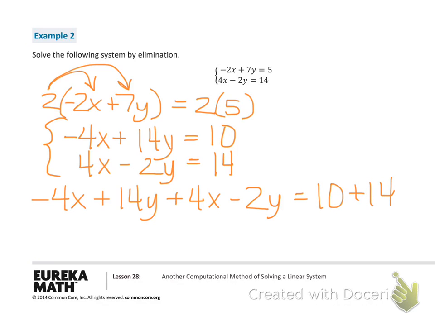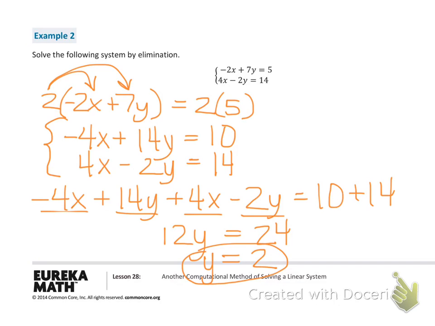And when I simplify that, these two terms become 0. They're opposites of each other, so they drop out. I can combine these two terms and get 14y minus 2y, which is 12y, is equal to 24. And so my y-coordinate of this system of equations is 2, because dividing by 12, y equals 2.